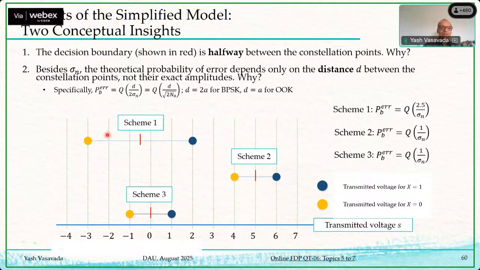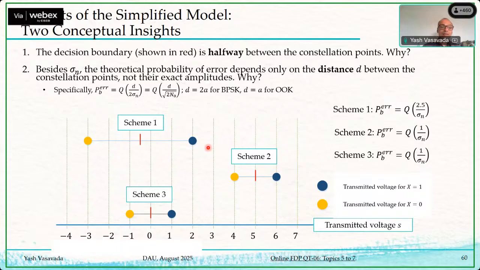And so if you look at scheme 1, its error performance is better than scheme 3. But it is also not optimal because this decision boundary is at -0.5. So you could actually come up with a better version of scheme 1 where both the yellow and the blue are shifted toward the right by 0.5. So instead of -3 and +2, you did -2.5 and +2.5.